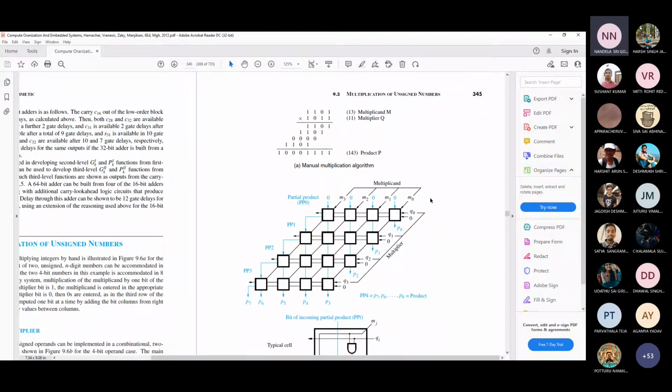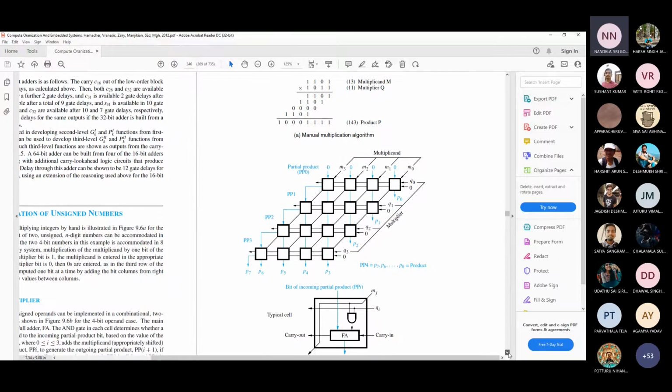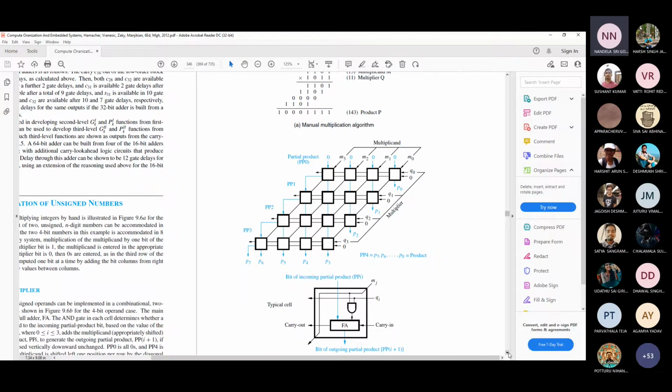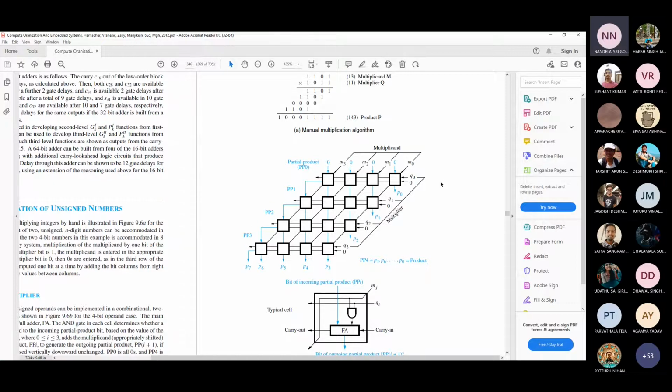Now see this arrangement I was talking about. From the top the multiplicand comes, M0, M1, M2 and M3. This is the multiplicand. That means the value 1101 comes from the top.